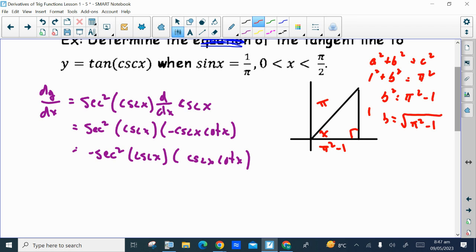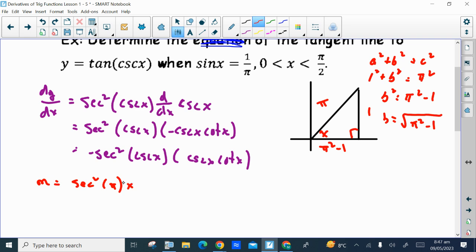So now we can evaluate what the derivative is, which remember tells us the slope of the tangent, using that triangle. We're going to have sec squared of the cosecant of x. So cosecant is reciprocal of sine. If the sine is 1 over pi, then the cosecant will be pi.